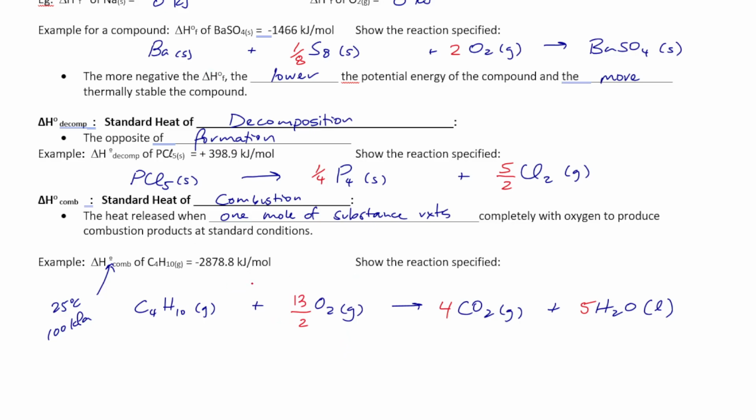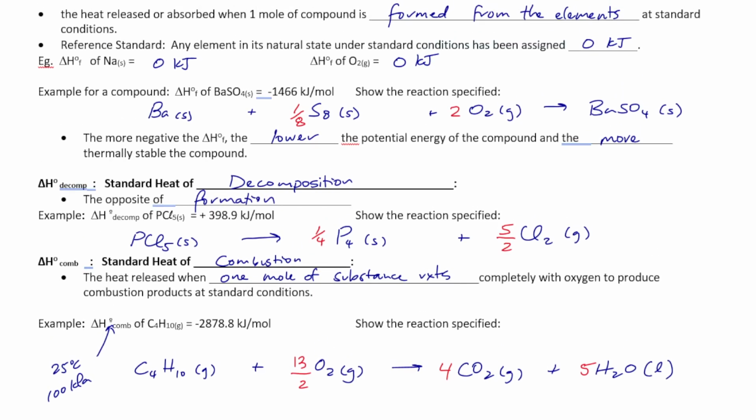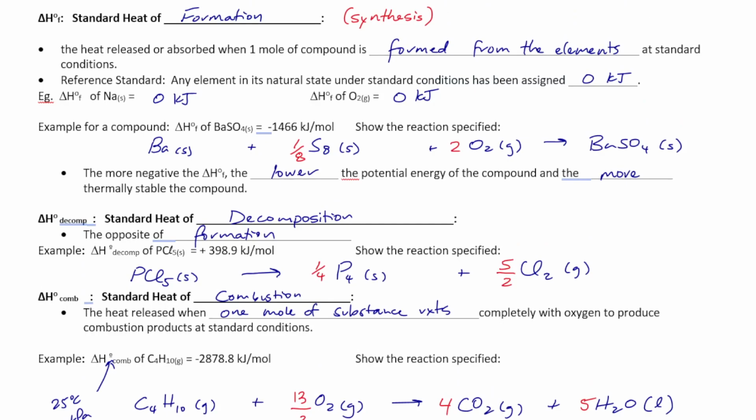And the heat release, so for every 1 mole of butane that is burned under ideal conditions, I get 2,878.8 kilojoules of energy released. As we can see by the negative, that's how much energy is released. So those are 3 standard heats that we see very often. We see heat of formations, heat of decompositions, and heat of combustions.